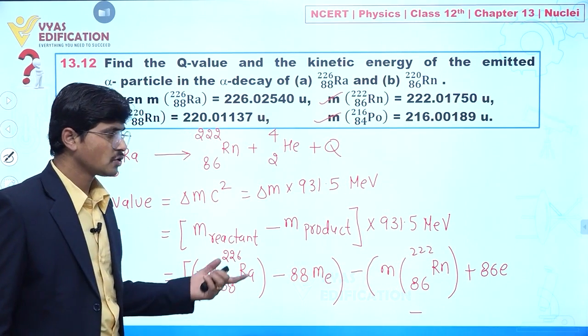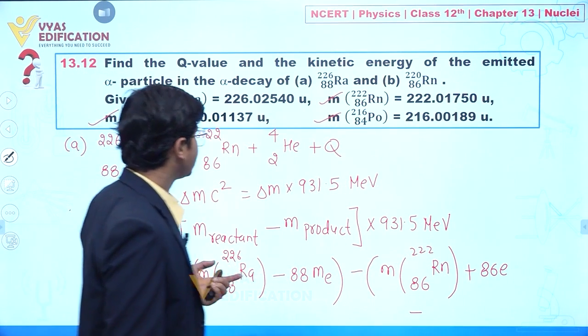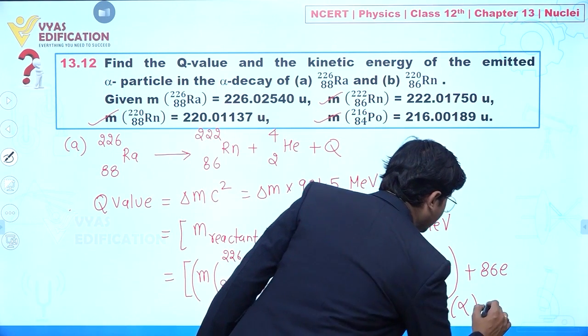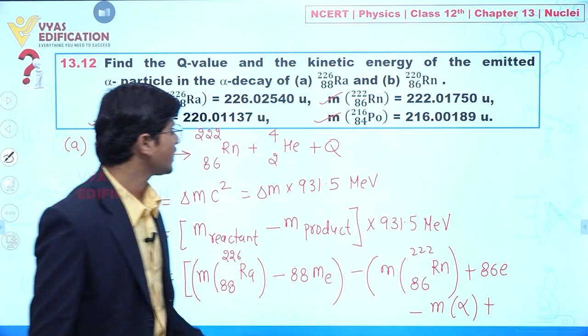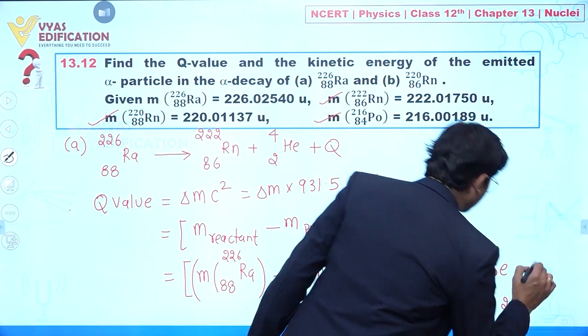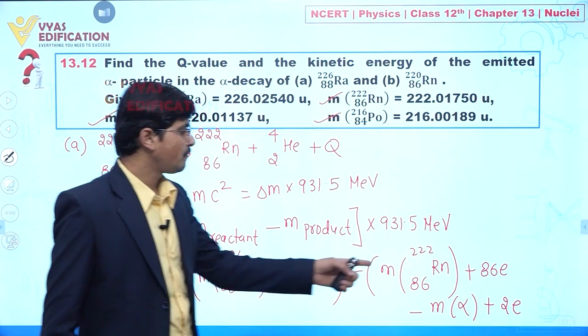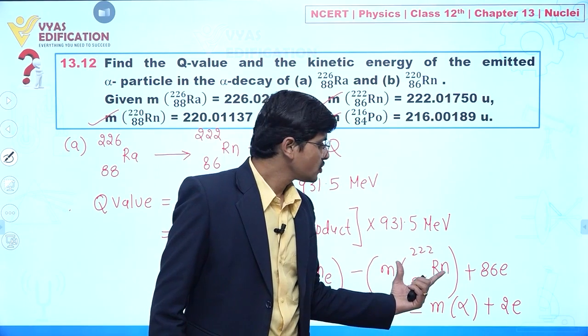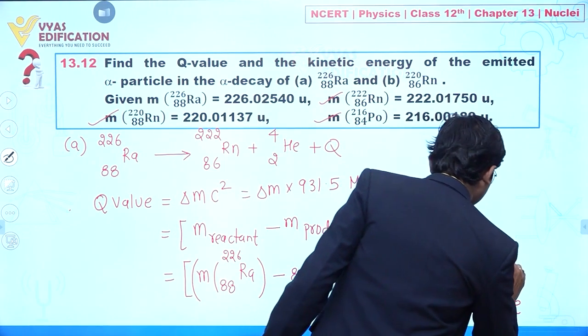Clear? Yes or no? Minus. Now you can write like this: mass of the alpha particle, plus, now in the alpha particle we have 2 protons, so definitely 2 electrons, so this is plus 2 electrons. Clear? Definitely we have to subtract these electrons in this one. So directly you can say this is actually the mass of an electron.